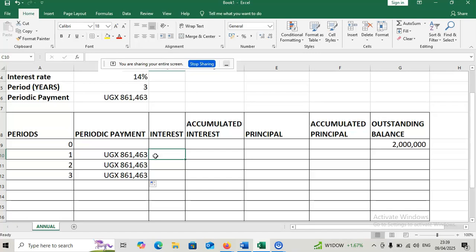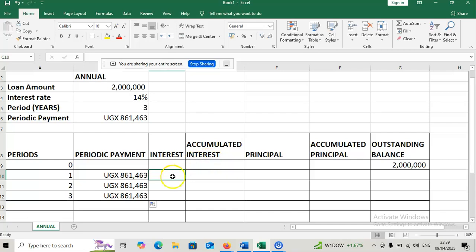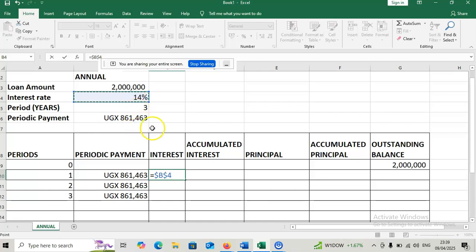Okay, so what is the formula for interest? The formula for determining interest is, you type in an equal sign, go select the interest rate, fix it. Okay, because you saw the disadvantage of not fixing, it picks the next values. So get the interest rate, fix it.